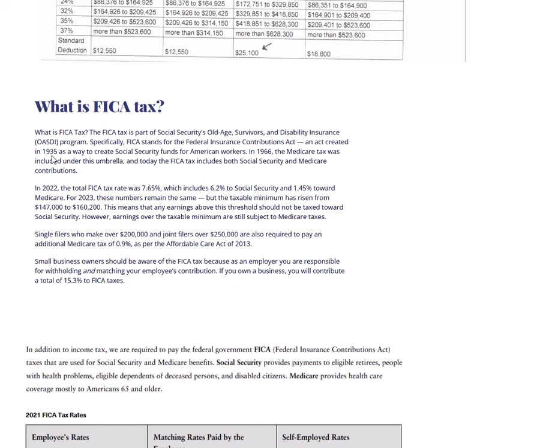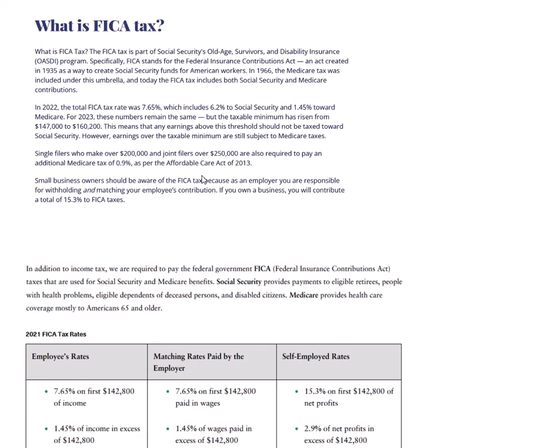It was created in 1935, and it was kind of a way to force people to save for their retirement, and the government helped with that. Medicare was added to it in 1966, and they are under one umbrella now.